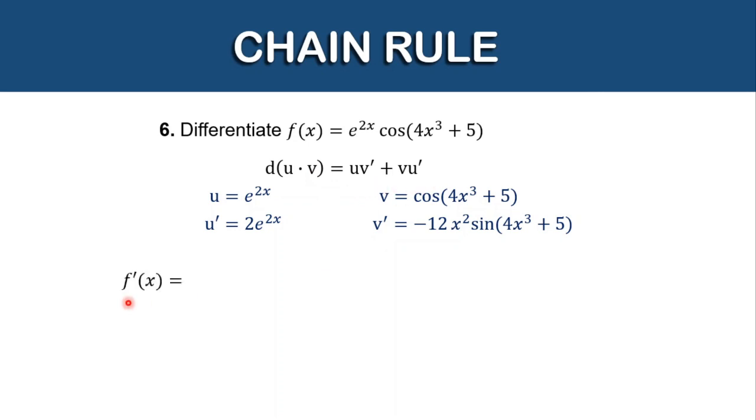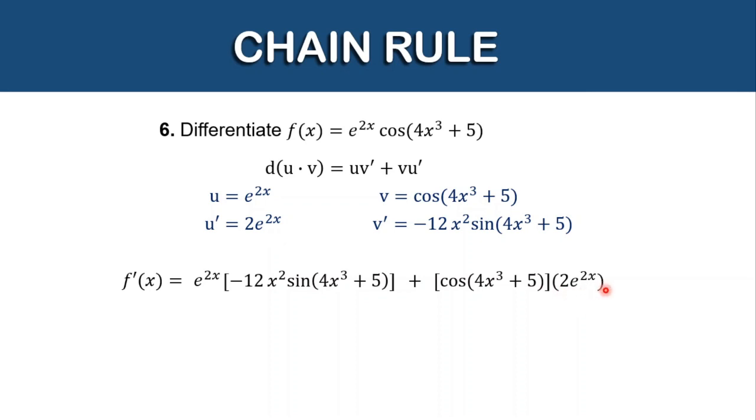We have f prime of x is equal to u. U is e raised to 2x times v prime natin, which is negative 12x squared sine of the quantity 4x cubed plus 5. Plus v is cosine of the quantity 4x cubed plus 5 times u prime, which is 2e raised to 2x.